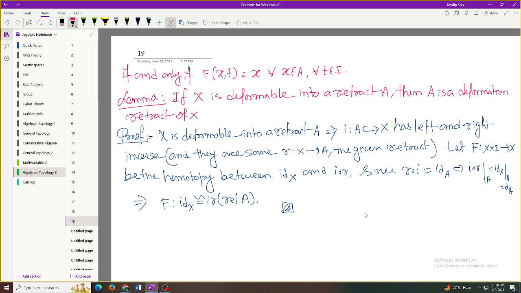For all x in A, F(x,1) is the identity on A. So we cannot say what is the line between. Just one minute.